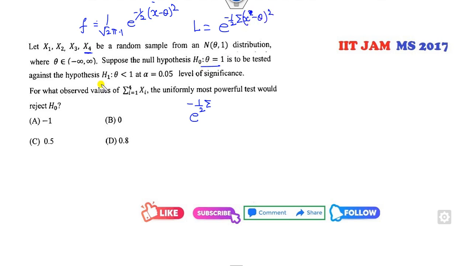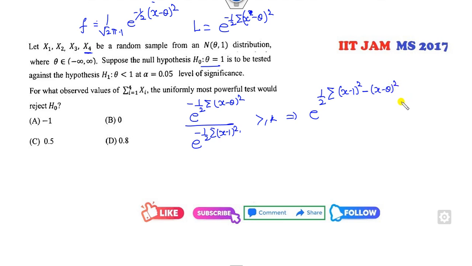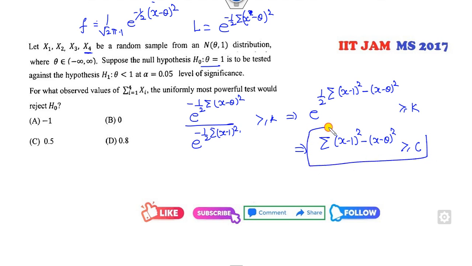Fine. So the ratio of H1 over H0, with half x minus 1 square, is greater than k. So I can write it upside: summation of x minus 1 square minus x minus theta square is greater than k. Taking logarithm, it is x minus 1 square minus x minus theta square, which is greater than some constant.